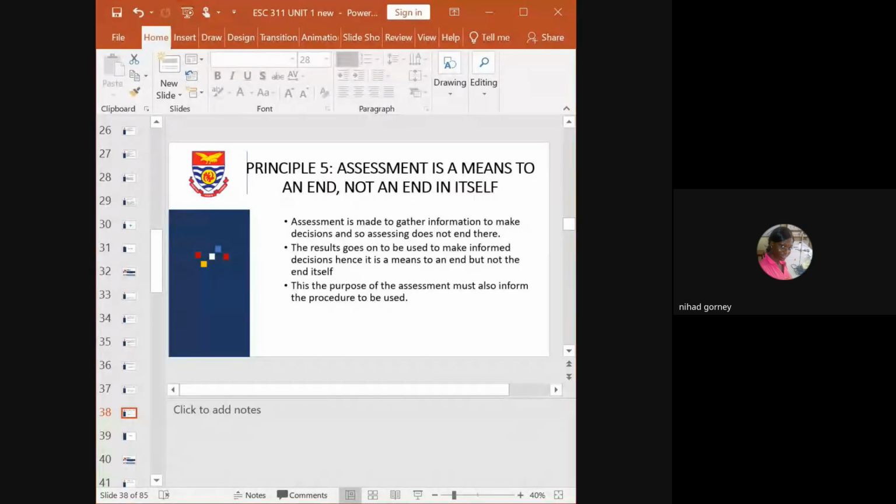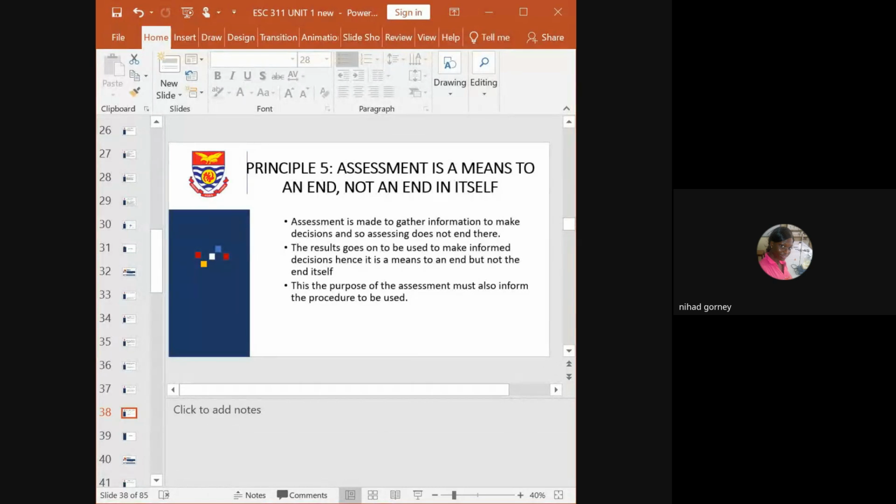And then finally, we are saying that assessment is a means to an end, but it is not an end in itself. What it means is that after finishing assessment, after we gather information to make decisions, assessment will not end there. The results go on to be used to make informed decisions that make us even start another process again.